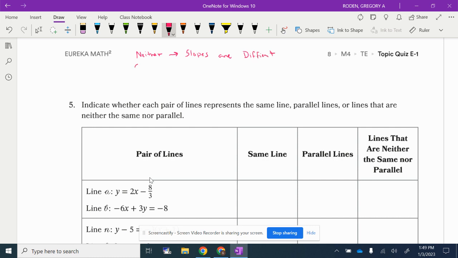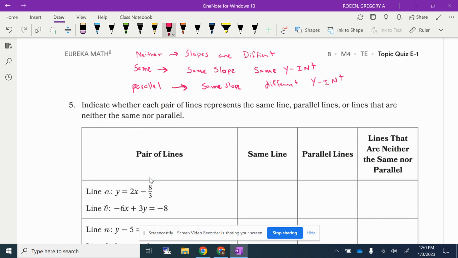If they're the same, then same slope, same y-intercept. And if they're parallel, it's same slope, different y-intercept. Okay, so that's the key we're going to use here.